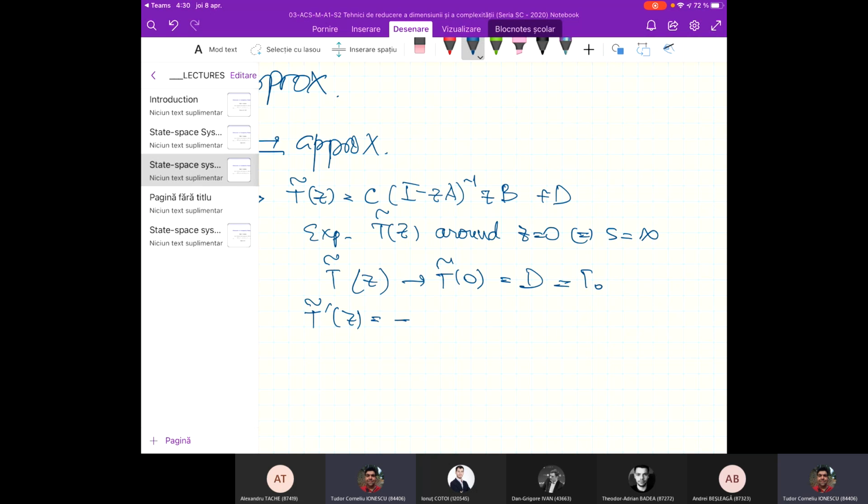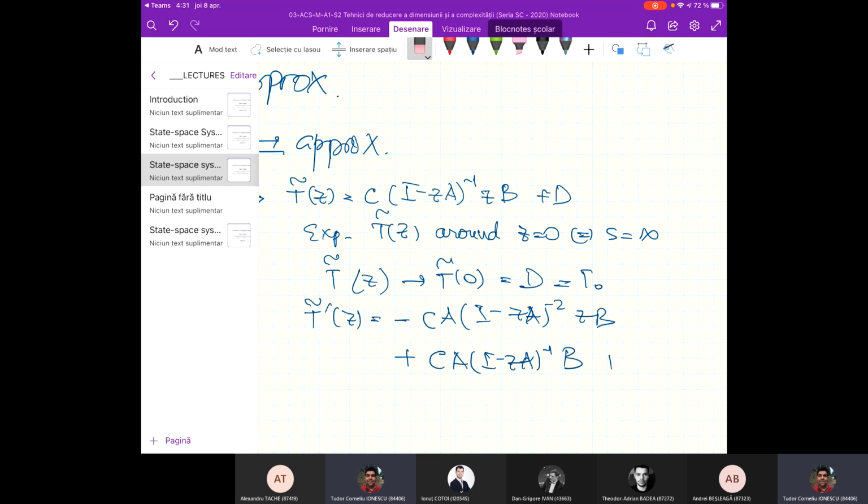So this is minus CA (I minus zA) to the power minus 2 zB. So this is 0, this doesn't count, plus CA (I minus zA) to the power minus 1 B.